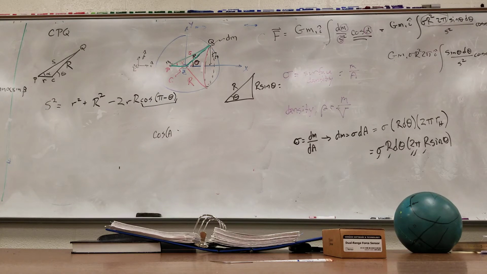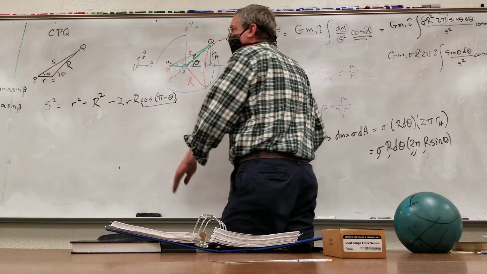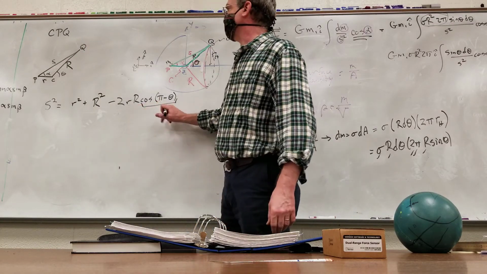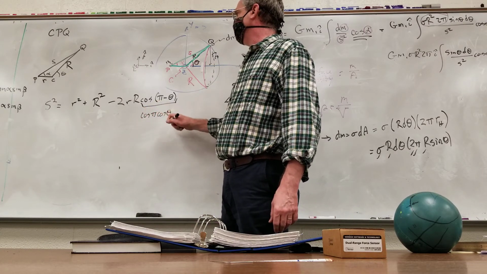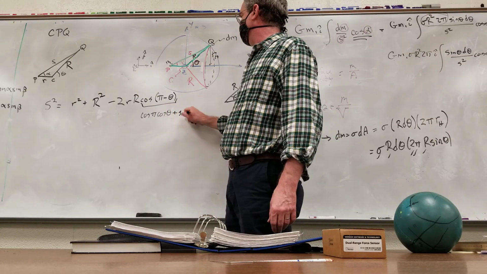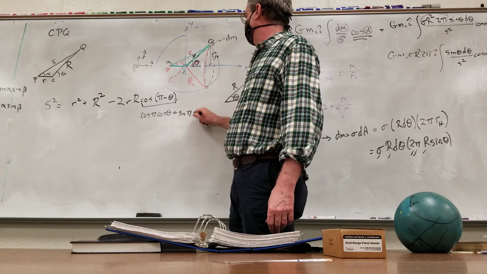So cosine of alpha minus beta is cosine alpha cosine beta plus sine alpha sine beta. So if we're dealing with pi and theta, this piece becomes cosine of pi cosine of theta plus sine of pi sine of theta.